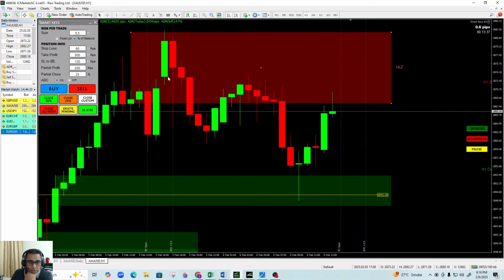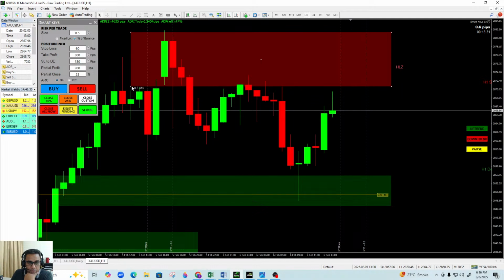We had a gap up yesterday, right? So when we look at the zone on the 1 hour, that's what I see.